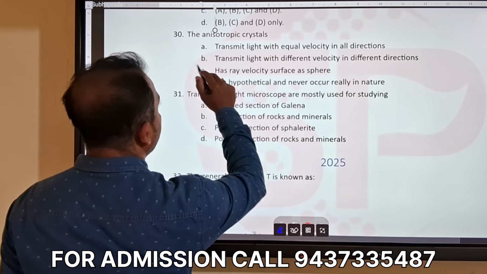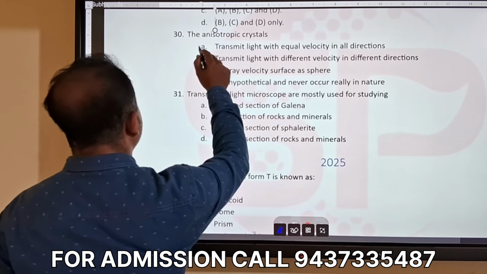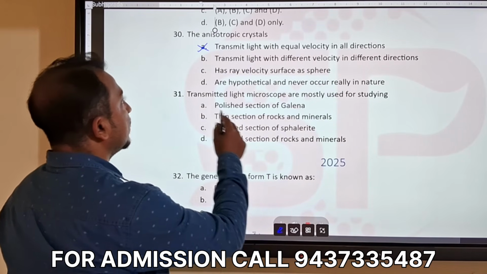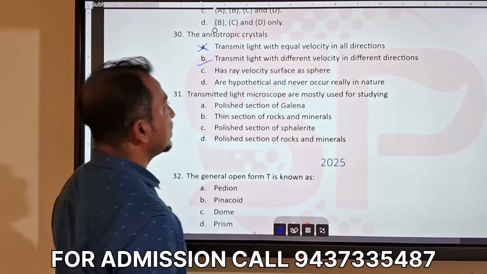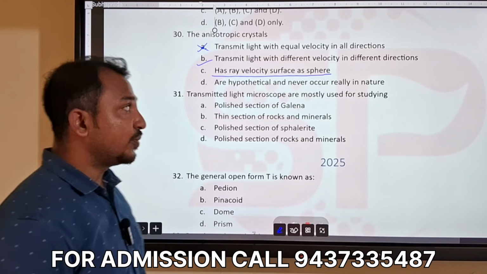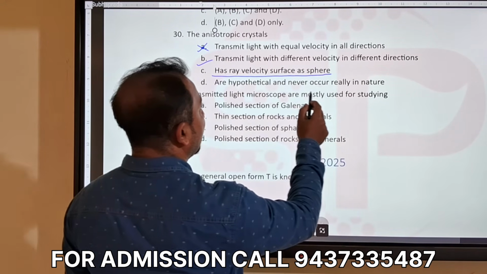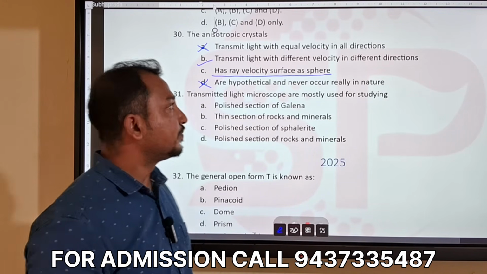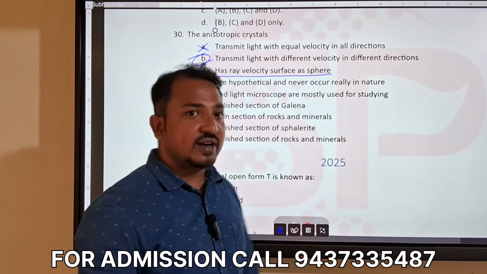Transmitting light with equal velocity in all directions is the property of an isotropic mineral. Transmitting light with different velocity in different directions will be the correct one. Having ray velocity surfaces as a sphere is the characteristic of isotropic, where the wave surface of an isotropic mineral is a sphere. Being hypothetical and never occurring in nature is also incorrect, because they are not hypothetical, they occur in nature. So the answer will be transmit light with different velocity in different directions.